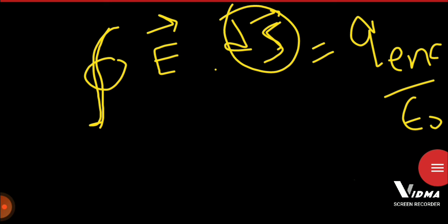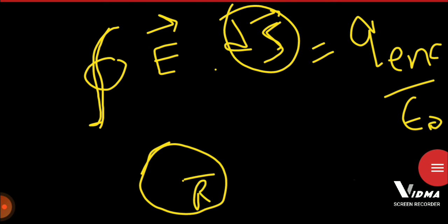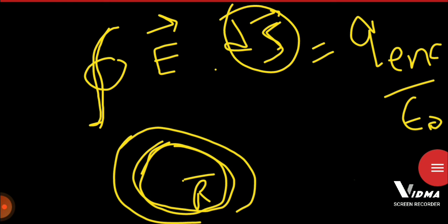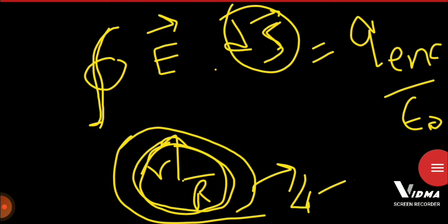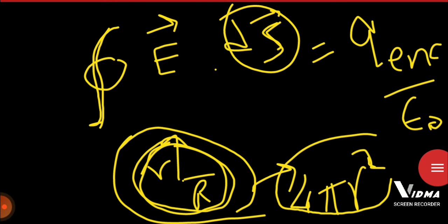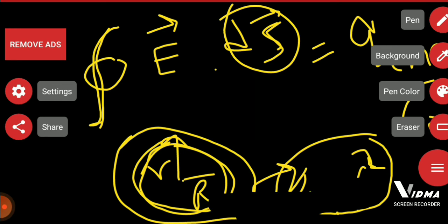So we have drawn the radius R uniformly charged solid sphere and the Gaussian surface of smaller radius. For the smaller radius, what will be the area? Area will be 4 pi r square, because we all know this is the area of any spherical surface.